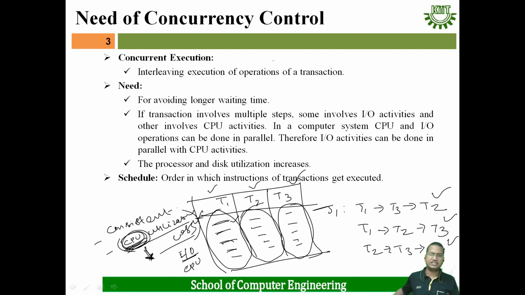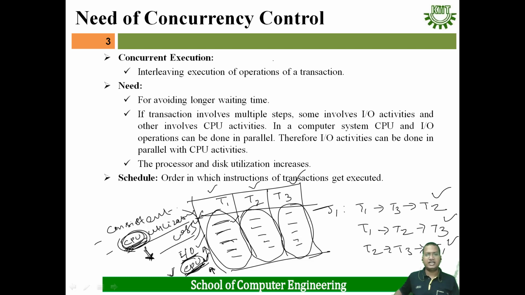Whenever one transaction is executing its IO bound instruction, at that moment, another transaction should be assigned to the CPU to execute its CPU bound instruction, so that the CPU will be busy all the time. And when the CPU is busy all the time, CPU utilization will increase and performance of the system will increase. Okay, that is the main aim. We increase the CPU utilization, and that is the main purpose of concurrent execution of transactions.